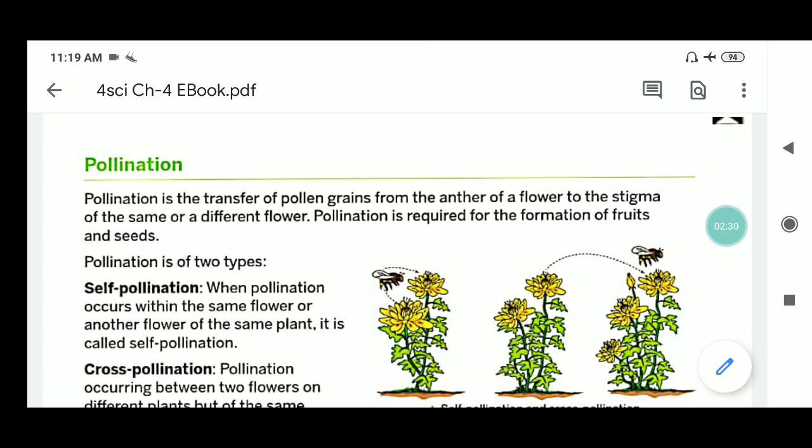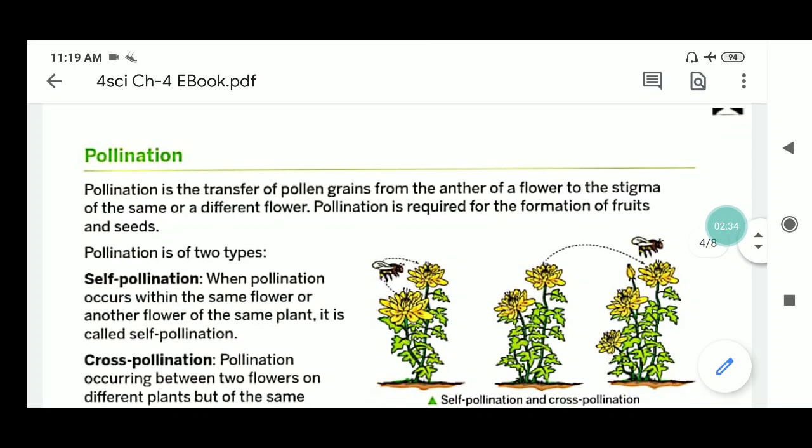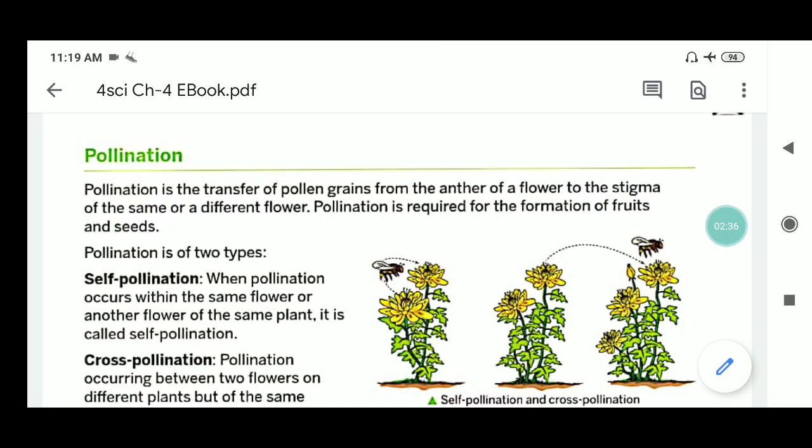That means self-pollination is a pollination which occurs in the same flower or same plant, or another flower of the same plant. It is a pollination. And what are the plants which do self-pollination? They are peanut, peas, wheat and barley.